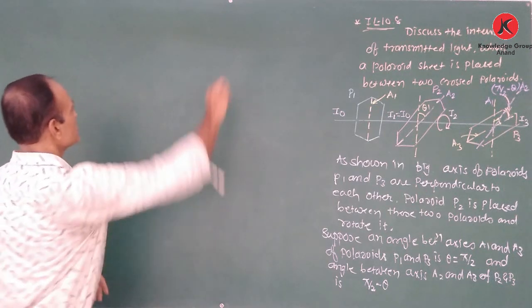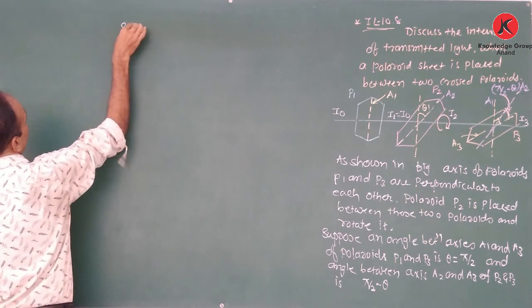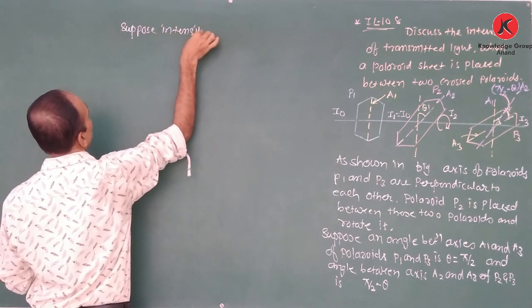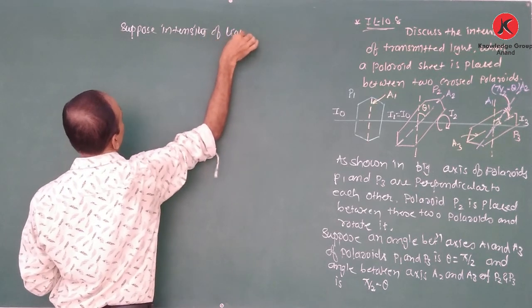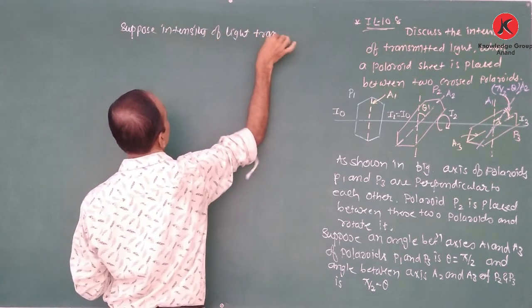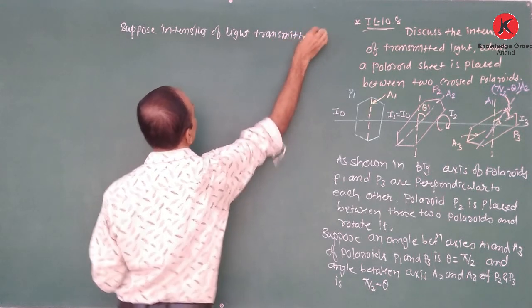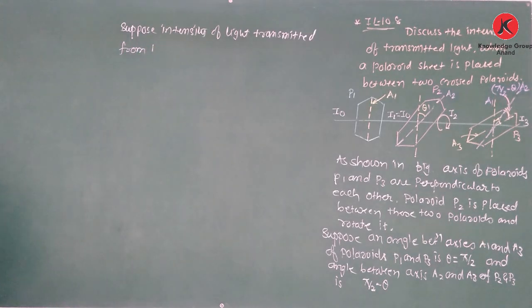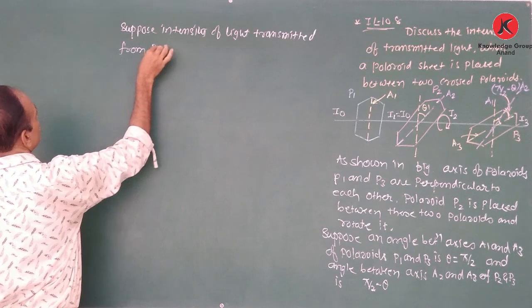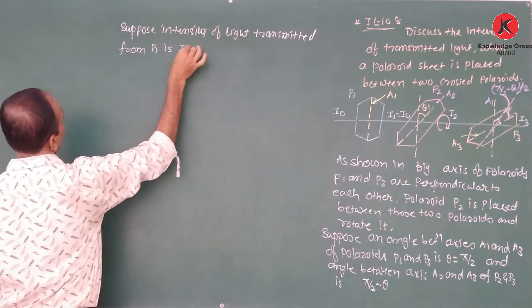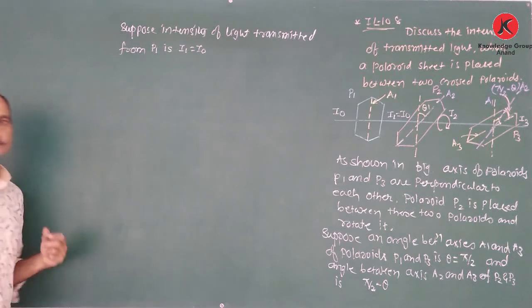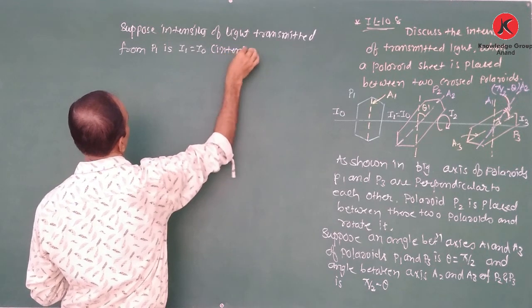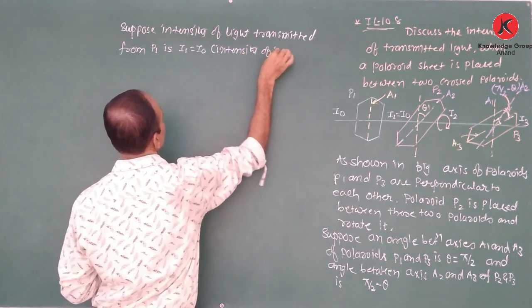Suppose the intensity of light transmitted from P1 is I1. I1 is equal to I0, where I0 is the intensity of incident light.